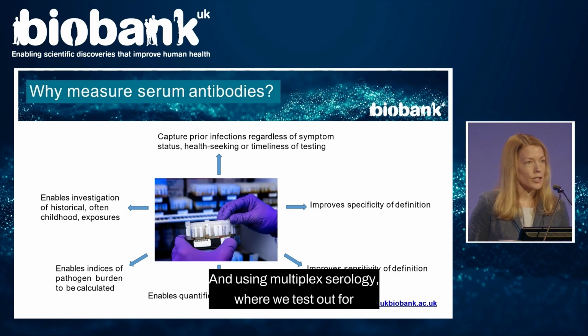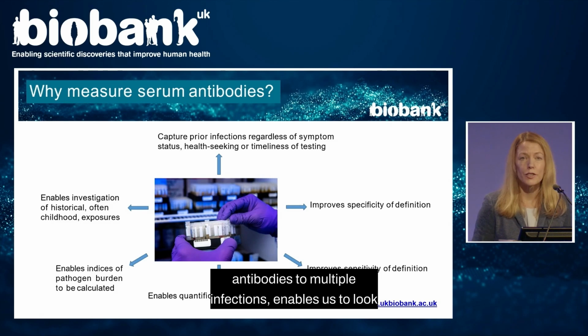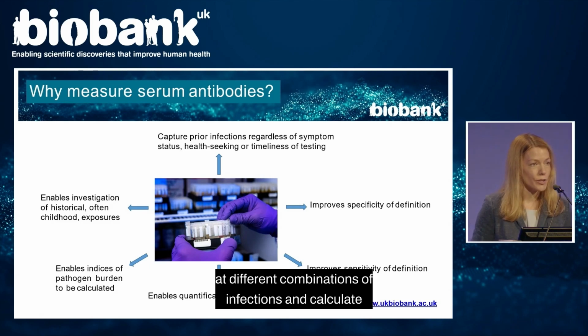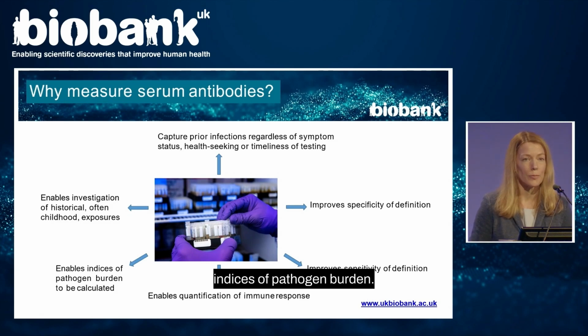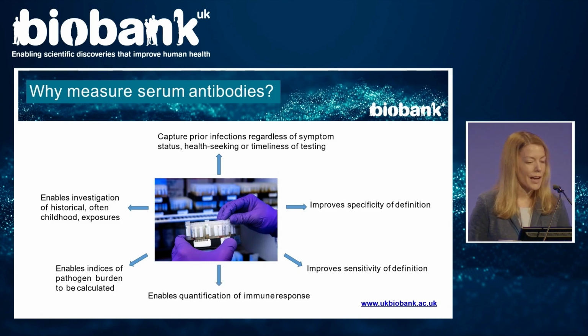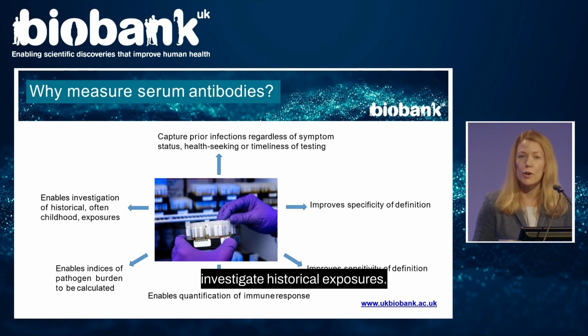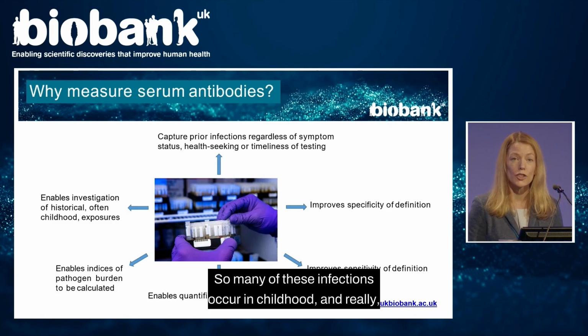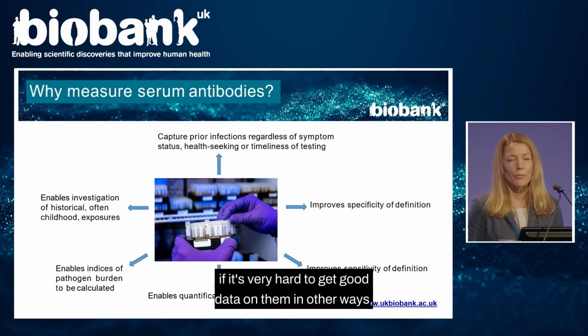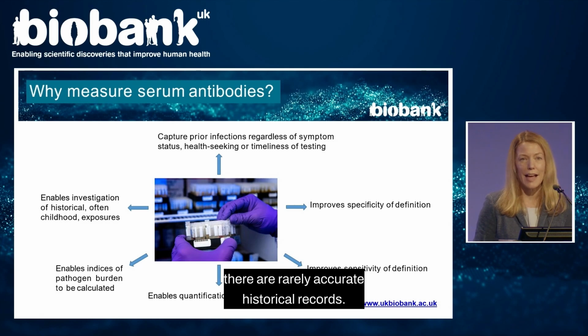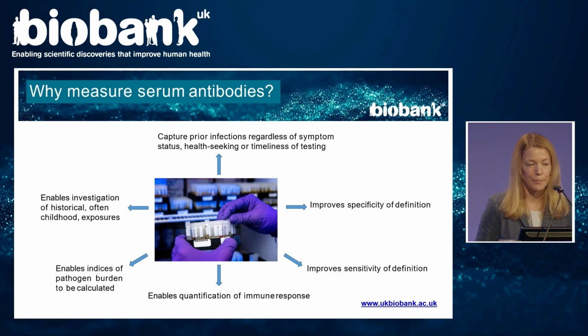And using multiplex serology, where we test for antibodies to multiple infections, enables us to look at different combinations of infections and calculate indices of pathogen burden. I've also touched briefly on the fact that we can investigate historical exposures. So many of these infections occur in childhood, and really, it's very hard to get good data on them in other ways. There are rarely accurate historical records. Participant recall can be problematic.